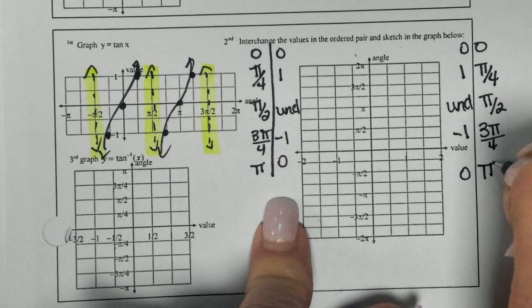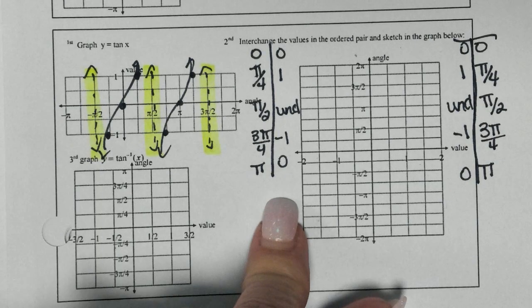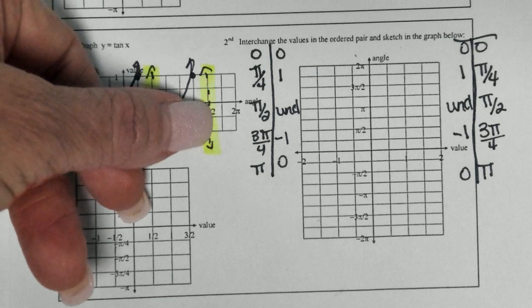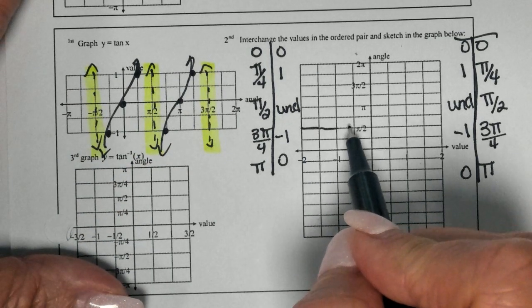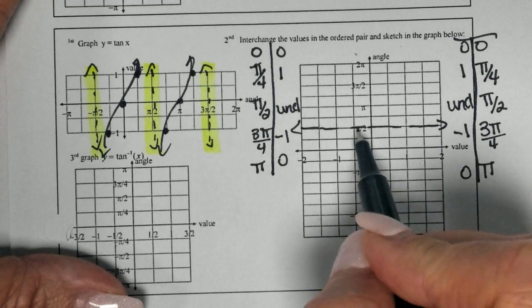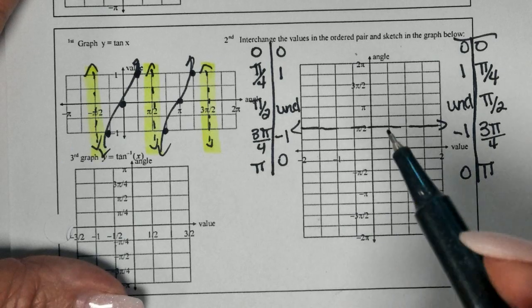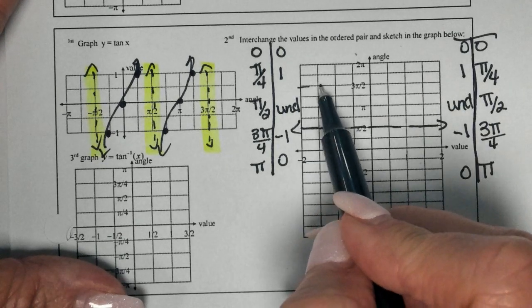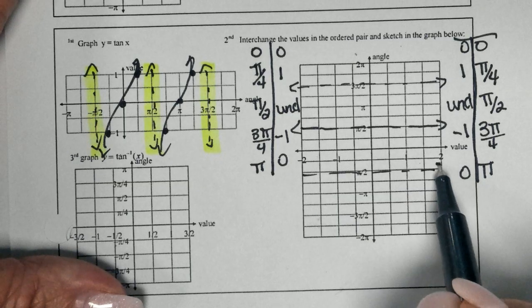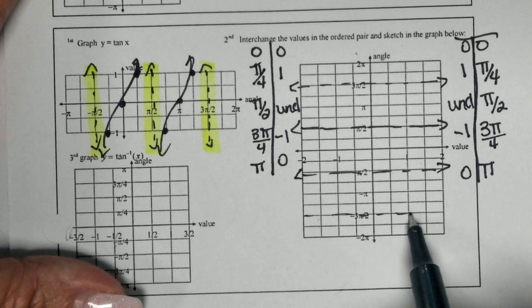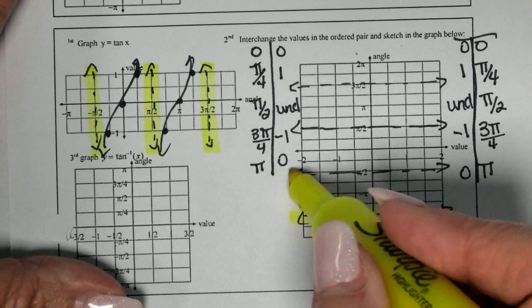That asymptote's still going to exist, but instead of being a vertical asymptote like what we have right here, it's going to be a horizontal asymptote at pi over 2. We'll have another one at 3 pi over 2, at negative pi over 2, and at negative 3 pi over 2. We have all of these horizontal asymptotes at all of our pi over 2's.